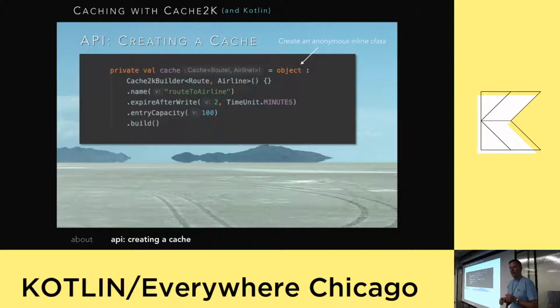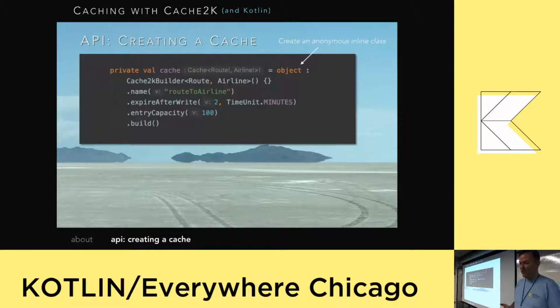But what he does is he has a route, like New York to San Francisco, an airline route, or San Francisco to Los Angeles, or LaGuardia to Chicago, and then he has in the cache a preferred airline. So the idea here is for New York to San Francisco, your preferred airline might be Delta Airlines. So that's the cache I'm modeling here, and I'll show you more examples of this in a second.